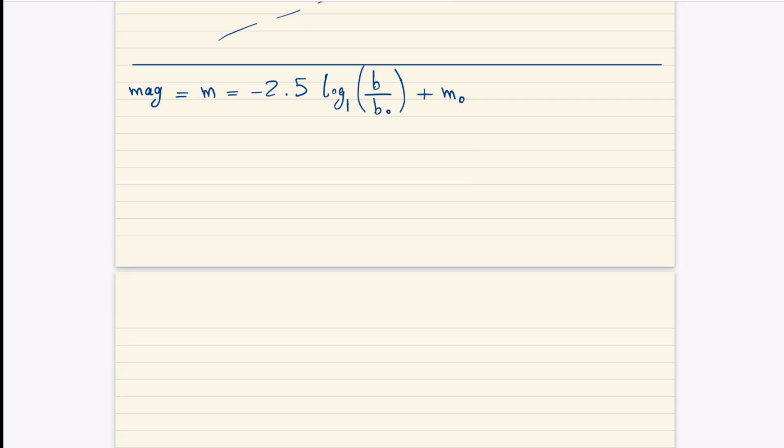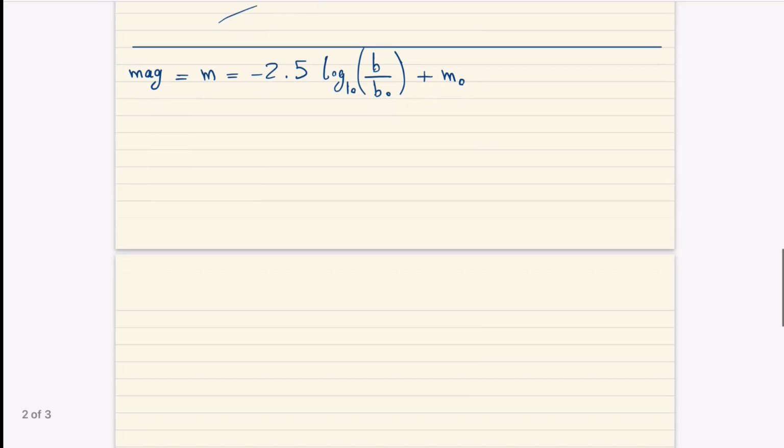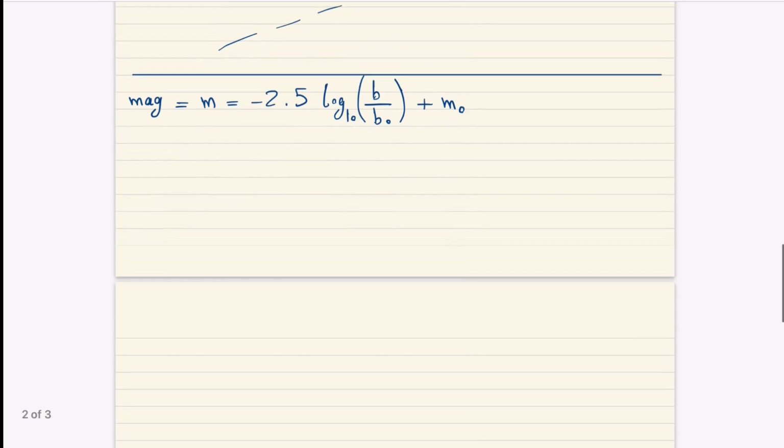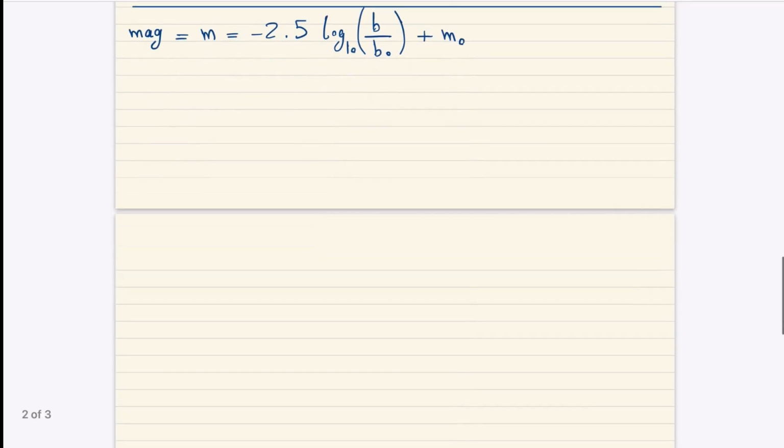This logarithm is in base 10, but we just ignore writing it. I keep it for now, but in the next formulas, I won't write it. This is also not an intrinsic value because it depends on the observer because of the B, but it has a shorter range.